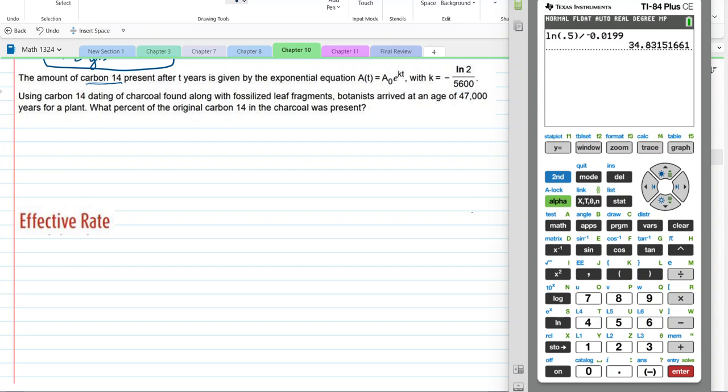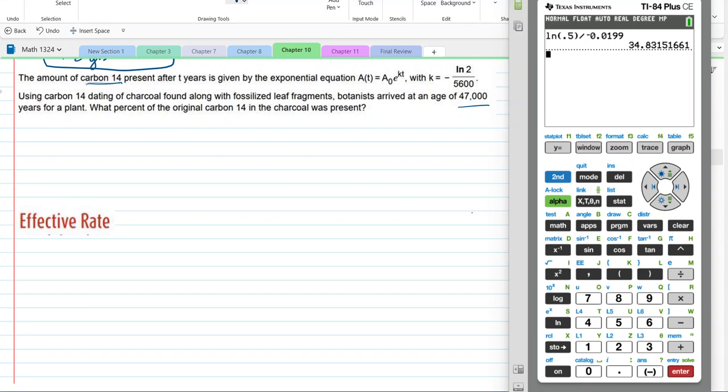Using carbon-14 dating of charcoal found among the fossilized leaf fragments, botanists arrived at the age of 47,000 years for a plant. What percent of the original carbon-14 in the charcoal was present?